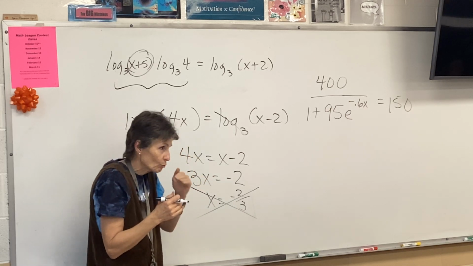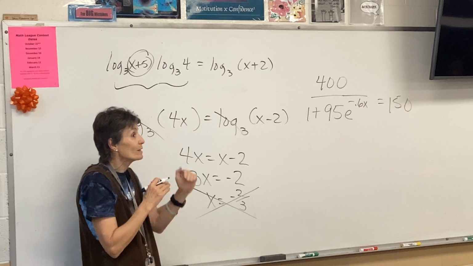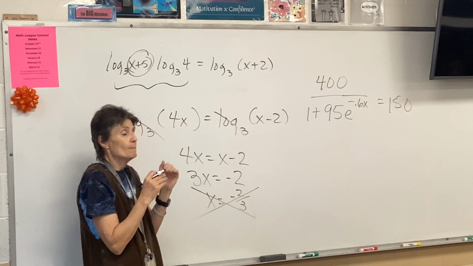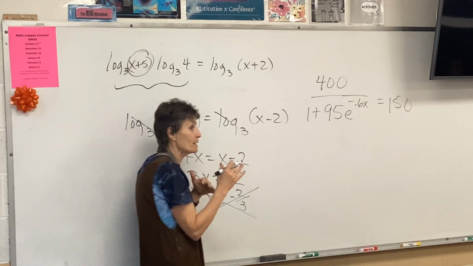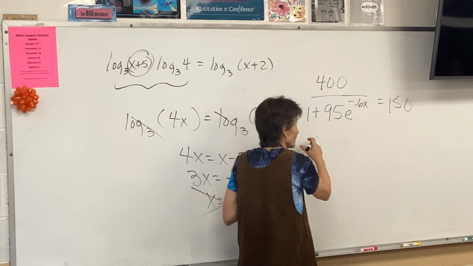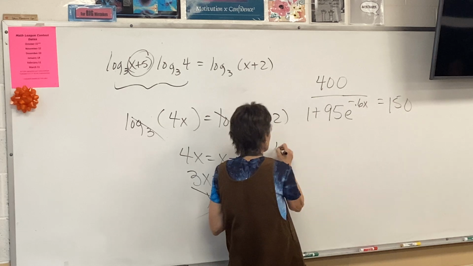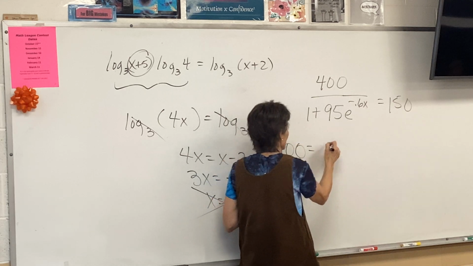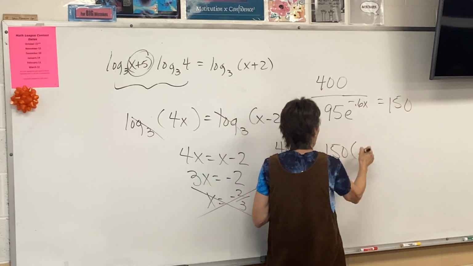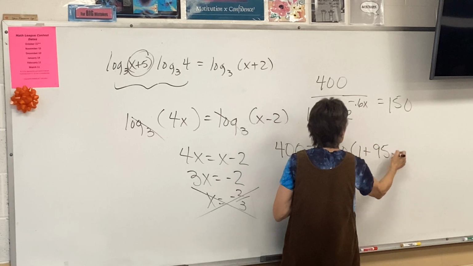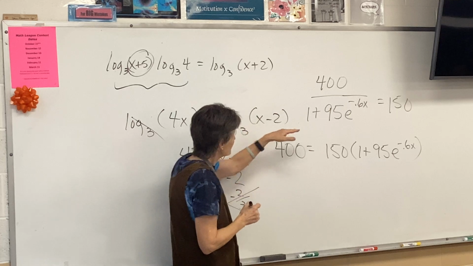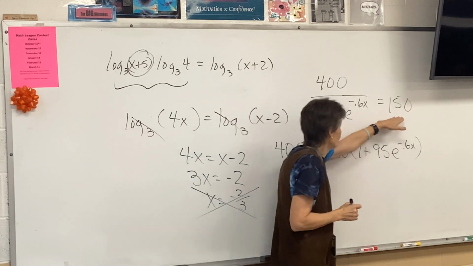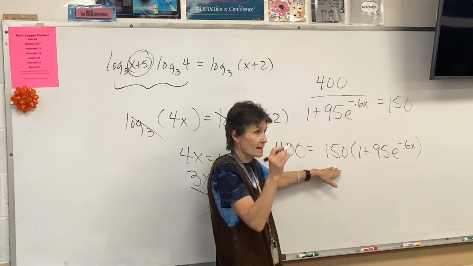I want to go through with you how we do this without graphing, because it's good solving practice. The first thing I think you ought to do is multiply the denominator over to this side with the 150. Does that make sense?